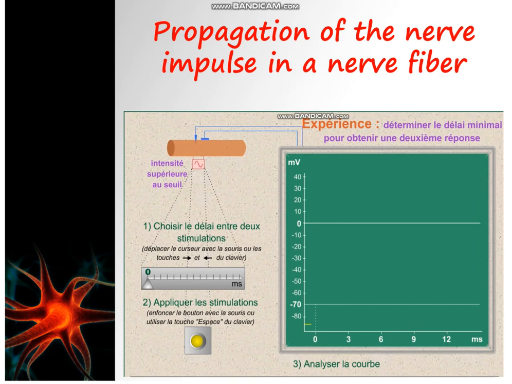To find the answer, let's study the results of this experiment. We will apply two successive effective stimulations separated by different time intervals at the same point of an axon, and we will study the response of the nerve fiber. Let's see.